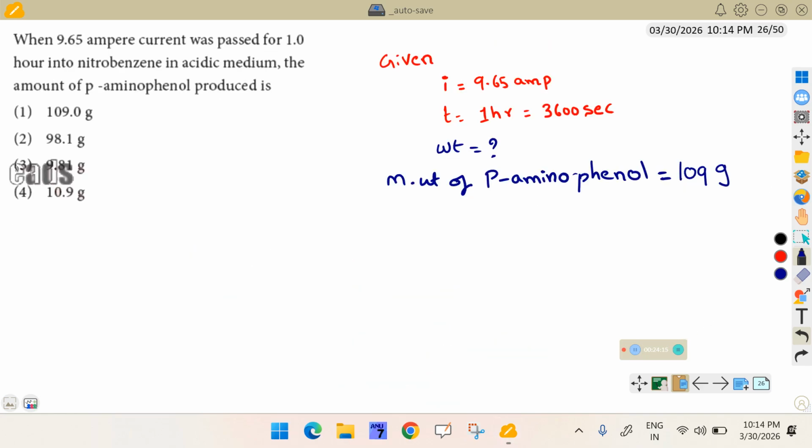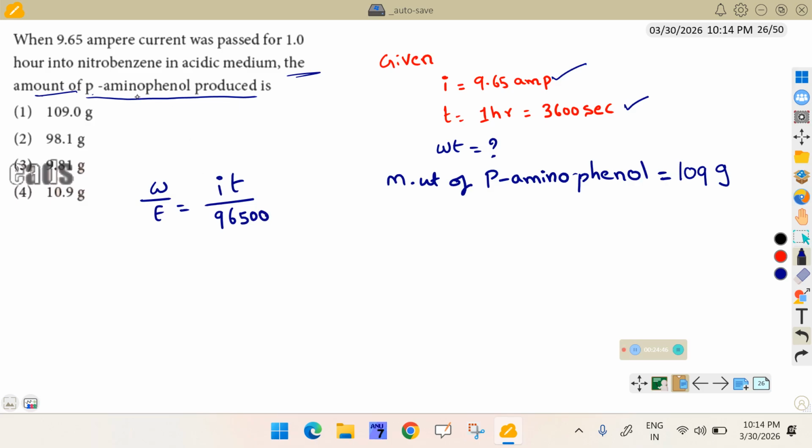When 9.65 ampere current was passed for 1 hour into nitrobenzene in acidic medium, the amount of para-aminophenol produced is? Nitrobenzene is converted to para-aminophenol. Current is given in amperes, so time is taken in seconds. What is the formula? Weight by equivalent weight is equal to It by 96500.